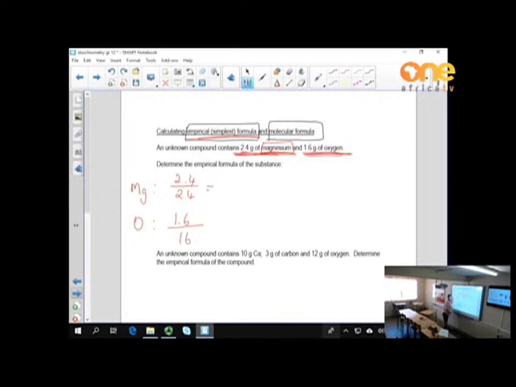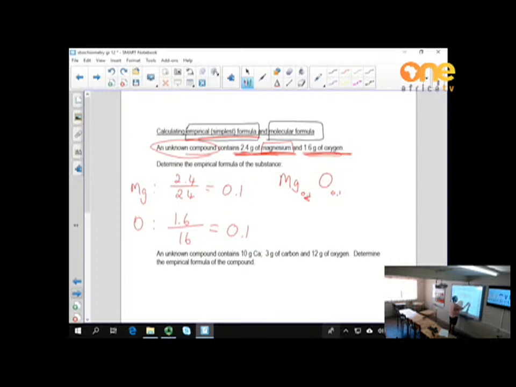So my answer for magnesium is 2.4 divided by 24 is 0.1, and for oxygen my answer is also 0.1. So this unknown compound has the formula magnesium 0.1 and oxygen 0.1.